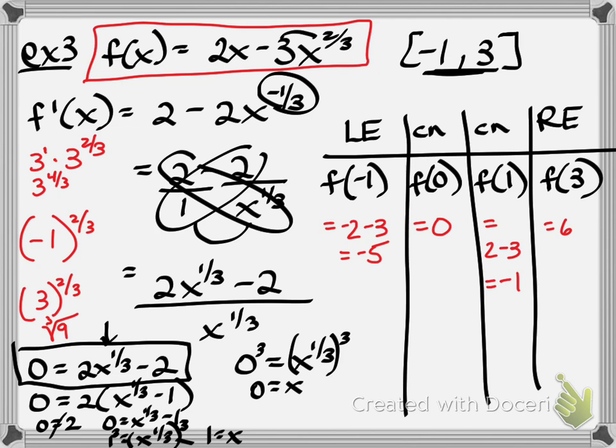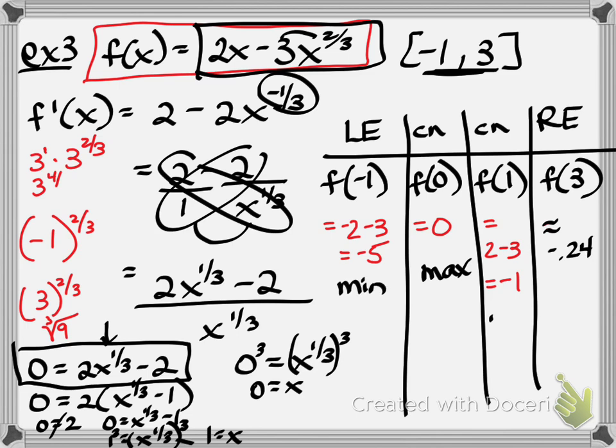Let's use our calculator. I'm going to cheat and look in the book. It is approximately negative 0.24. So just letting the calculator work that out for us with a 3. And so then you compare the values. And actually 0 is the biggest of all of these, and negative 5 is the smallest. So there's our max and our min.